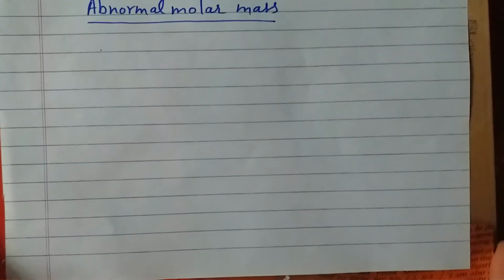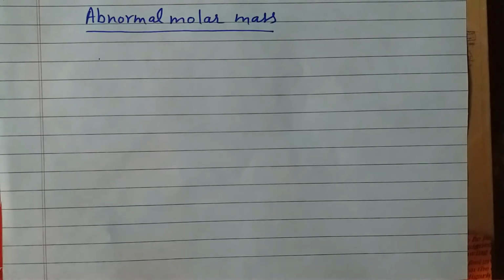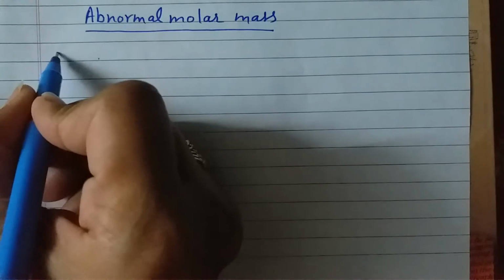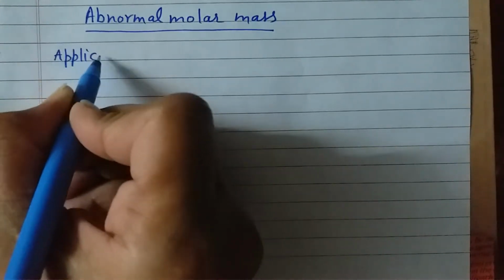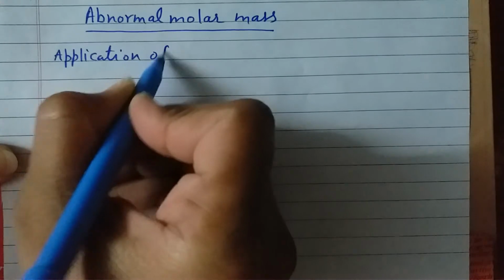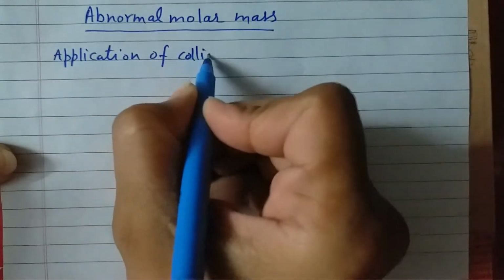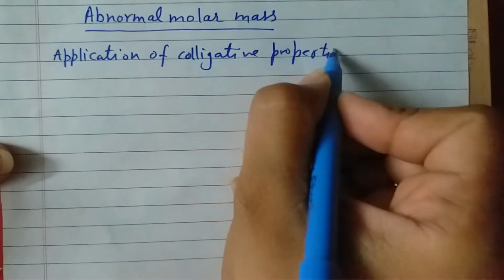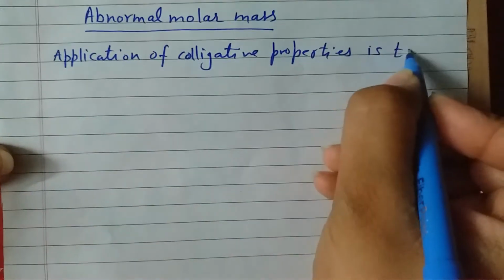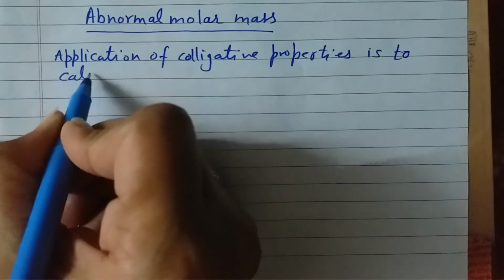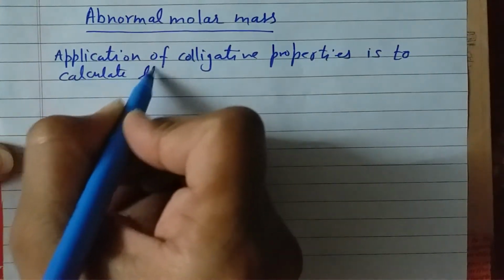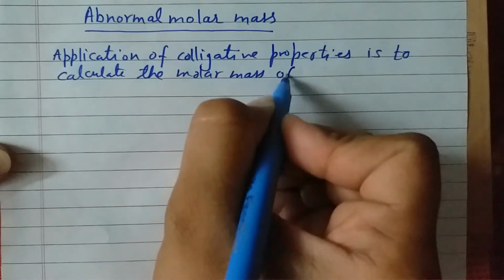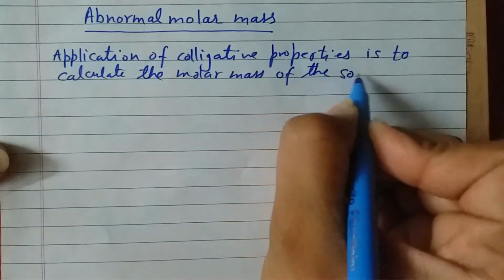What we are starting with in this lecture is about the abnormal molar mass. Now, if you remember, one of the important applications of the colligative properties is to calculate the molar mass of the solute.